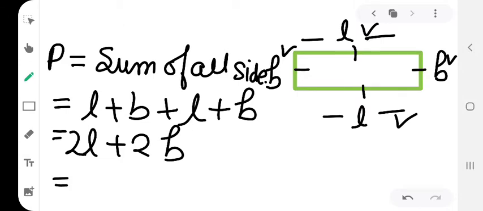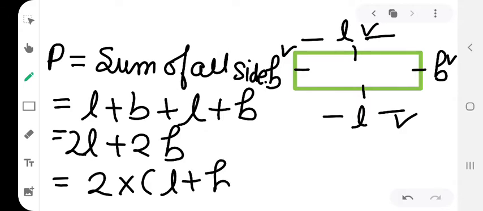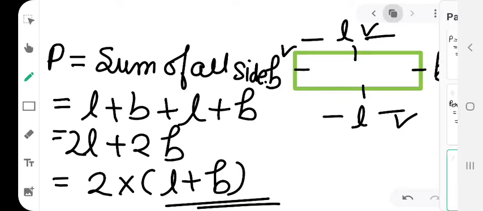Now I am taking 2 common, so it becomes 2 into (L plus B), and this basically is the formula for the perimeter of a rectangle.